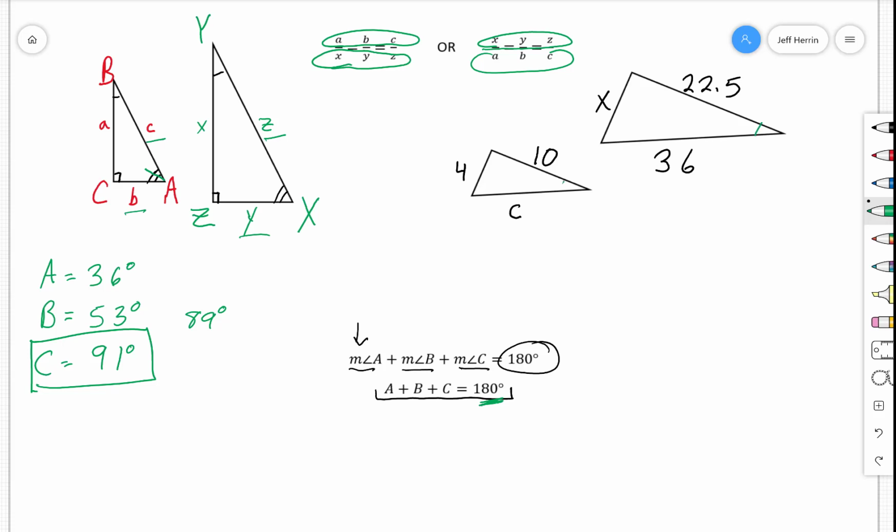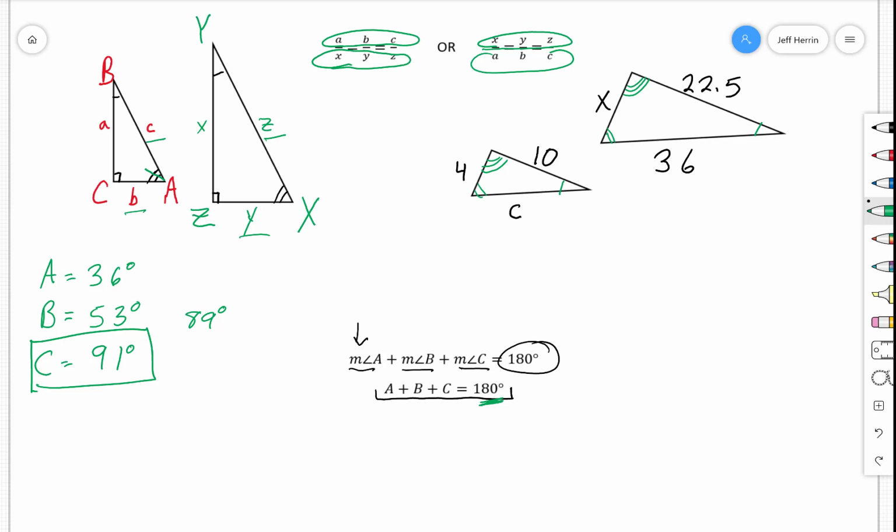I'm not saying that this is a right triangle, but I am going to say that they are similar, meaning they have corresponding angles, and that means they have corresponding sides.